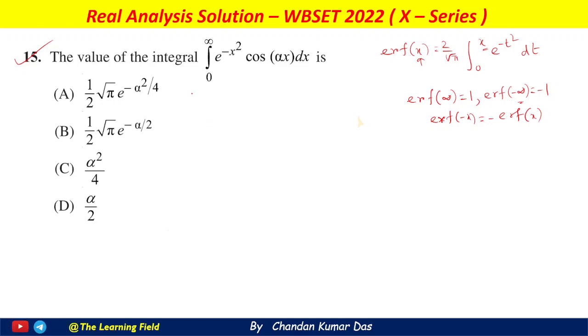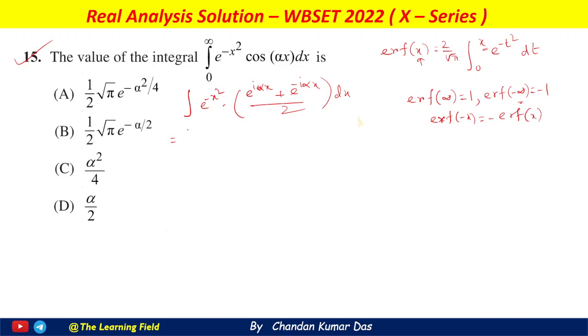Now we can write this integration as exponential minus x square cos of alpha x, and we write cos of alpha x in terms of complex numbers, which is equal to exponential iota alpha x plus exponential minus iota alpha x, by 2, into dx.